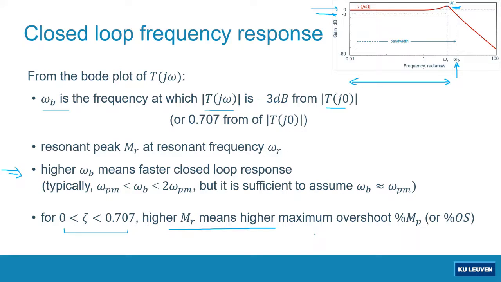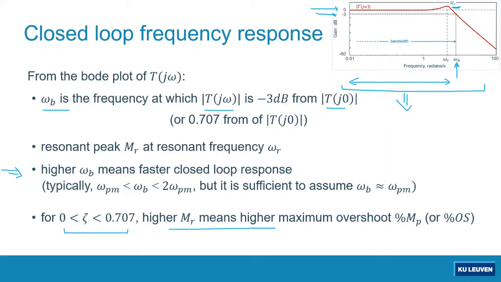Okay, so one thing that I probably need to mention now: the magnitude plot that I showed in the previous slide, also inside this slide, is a particular case of an underdamped second order system Bode plot, where zeta is only between 0 and 0.707.